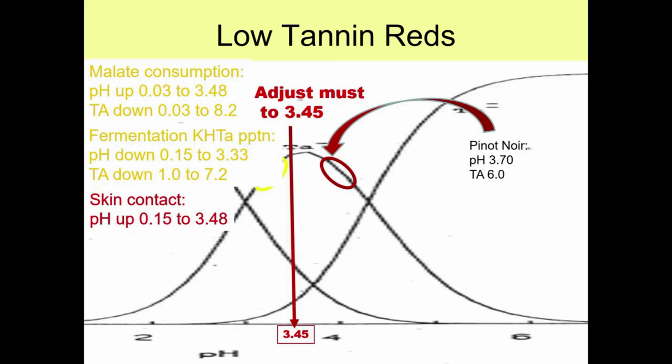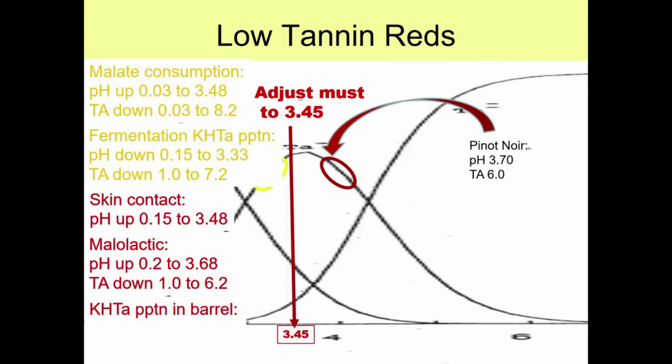So now we're back to pH 3.48, but now the malolactic is going to raise it about 0.2. So at the end of that drill, we've got 3.68, and our TA is down to about 6.2, so we're very close to where we want to be. And then there'll be a little bit of pH-TA precipitation in the barrel.